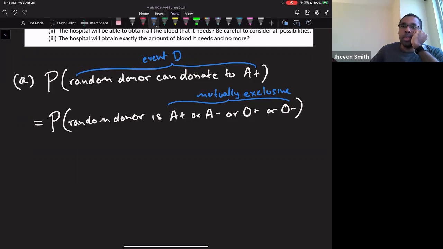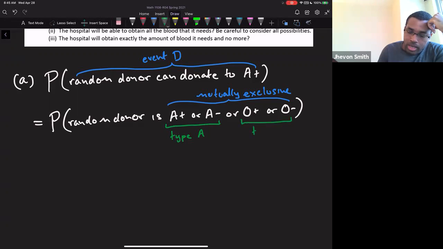And by the way, blood type A splits into two different blood types, positive and negative. So if you're looking for someone who's A positive or A negative, you can actually just think of that as looking for someone who's blood type A. You need a type A person. And then these two would comprise a type O person.